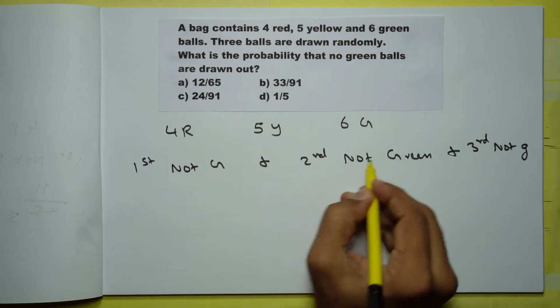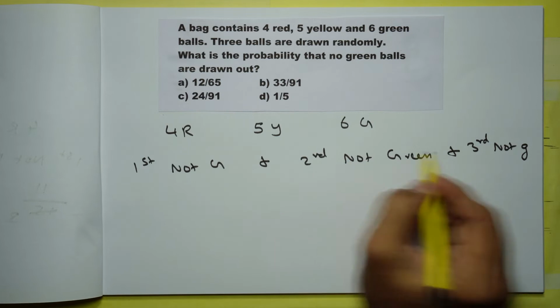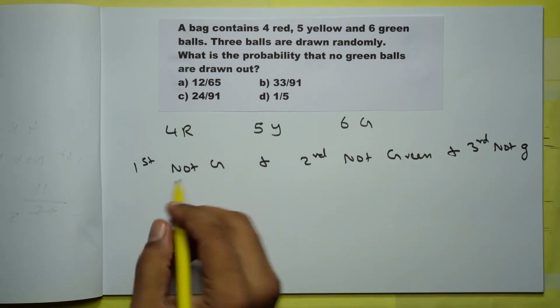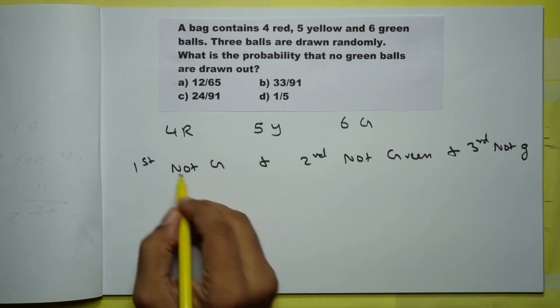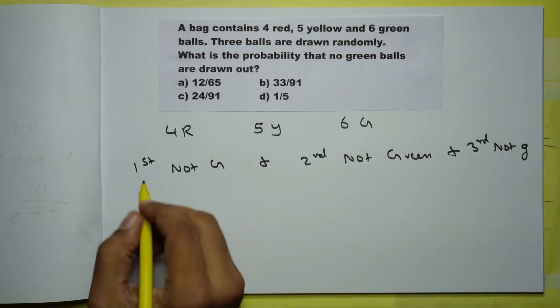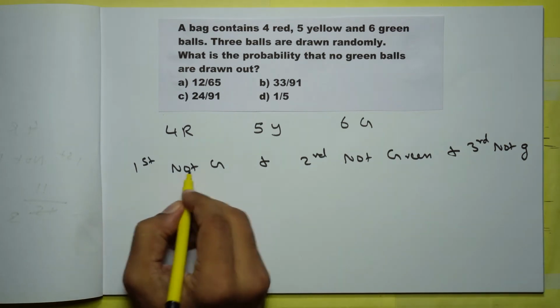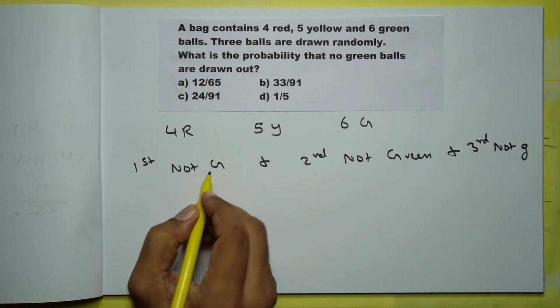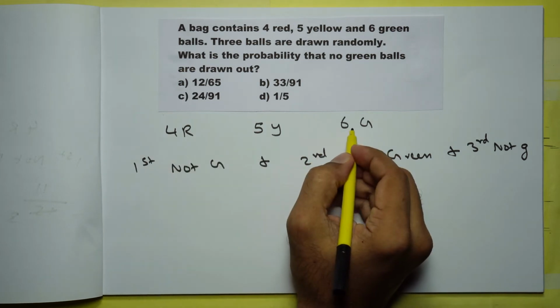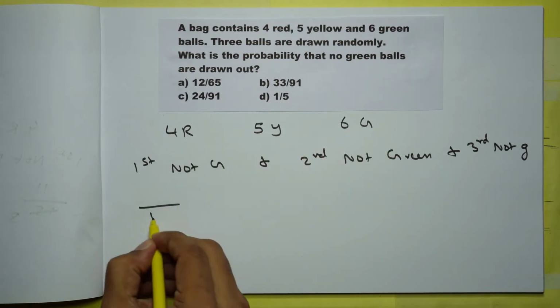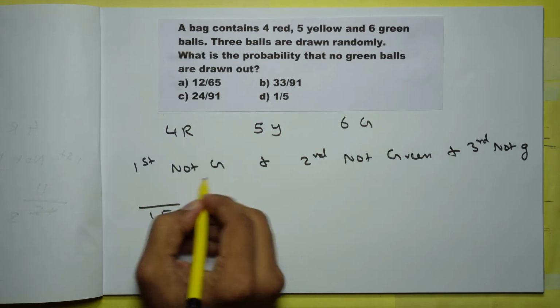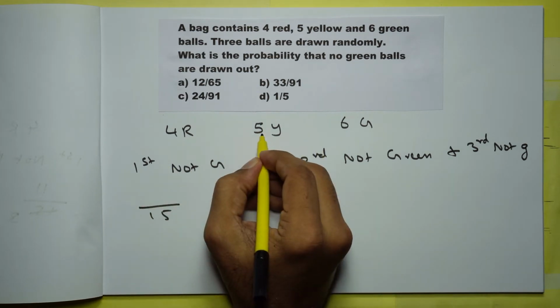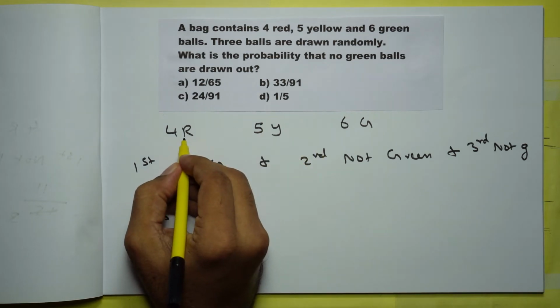So this and this and this, whenever and comes you have to multiply. So find the probability of each and multiply. Now we will find the probability that the first one is not green. Total number of balls are 4 plus 6, 10, plus 5, 15. And the balls which are not green are the yellow ones and these red ones.